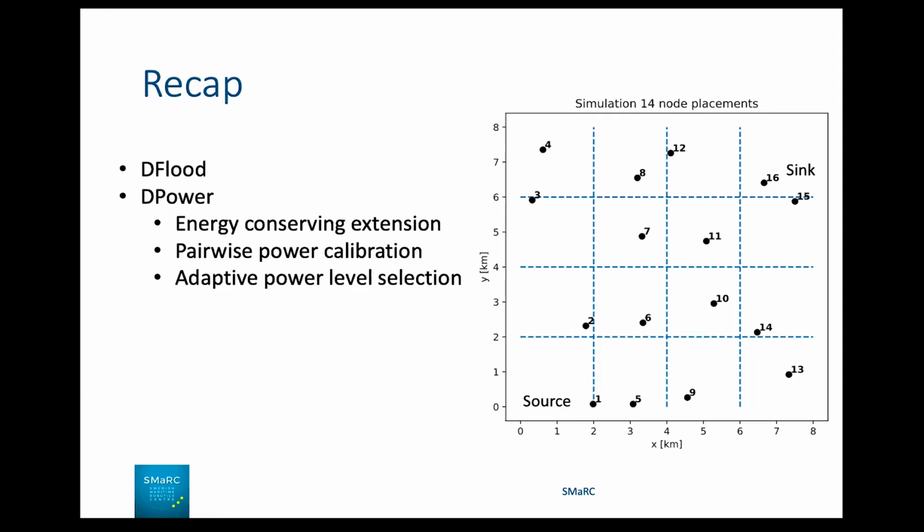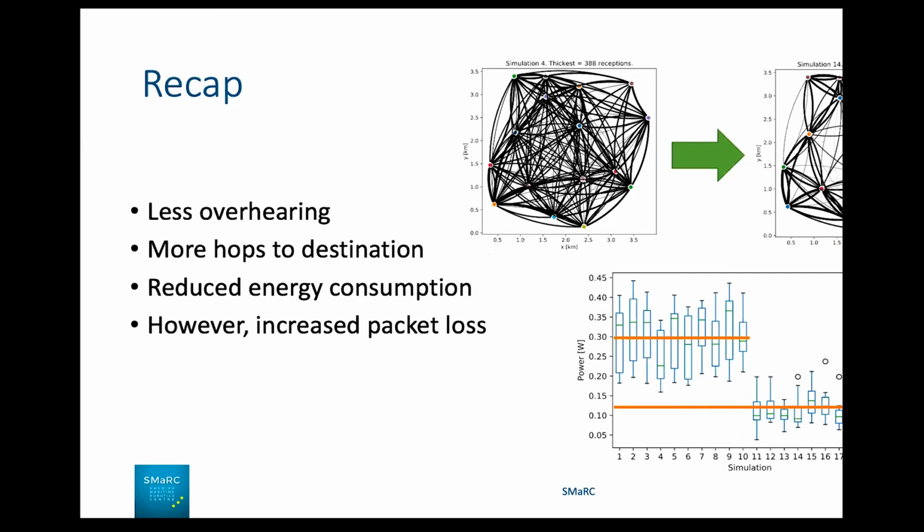So this DPower performs pairwise power calibrations amongst the nodes in the network, and then selects a power level when transmitting.